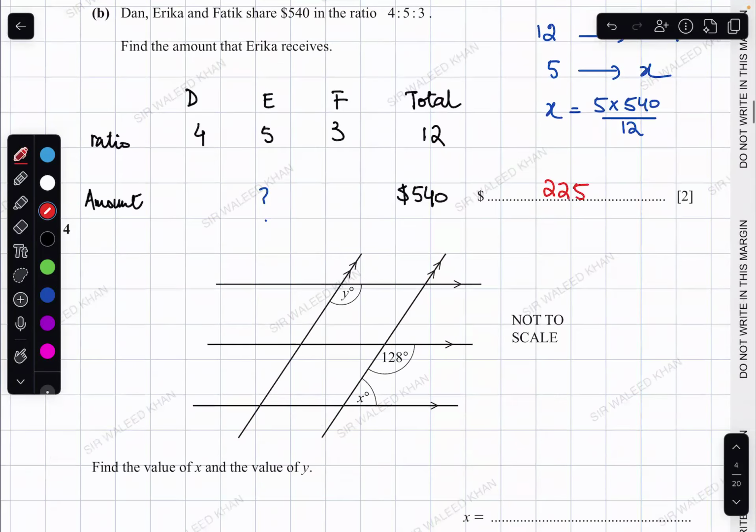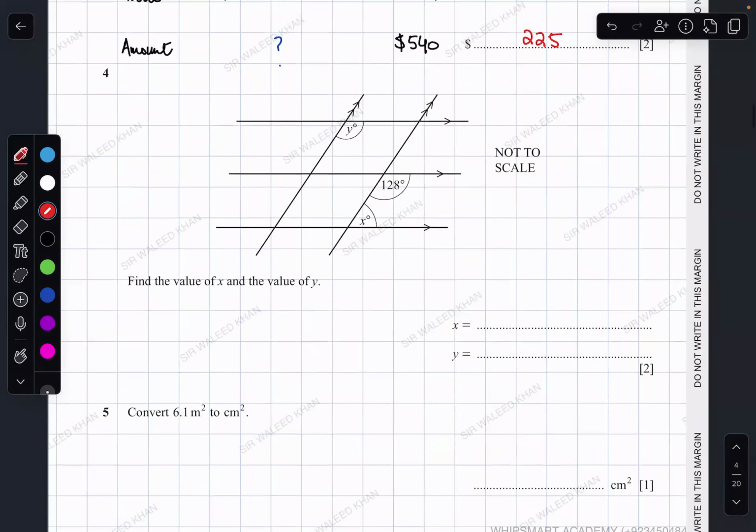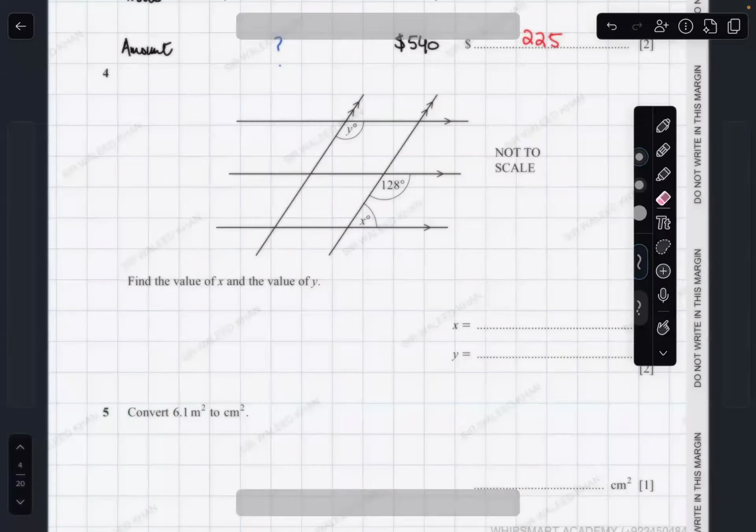Question number 4. Find the value of x and the value of y. Now, for this one, I can see this can be easily figured out. Why? Again, I'm just writing that.